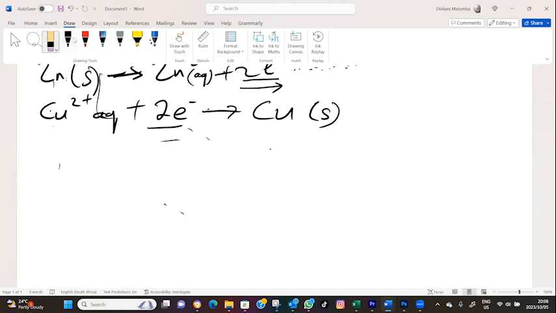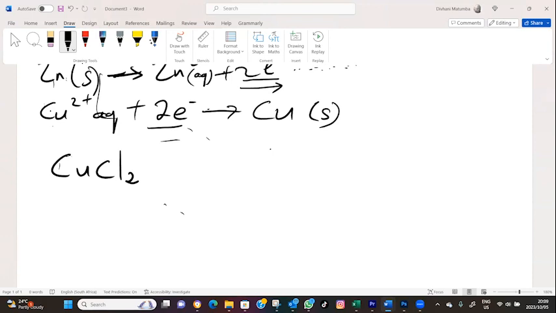Now, an electrolytic cell also has equations that take place within that one compartment. Let's say, for instance, in the industry, if they want to split that chemical compound, what they can do is that there will be two half reactions.